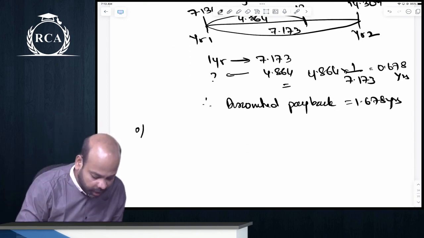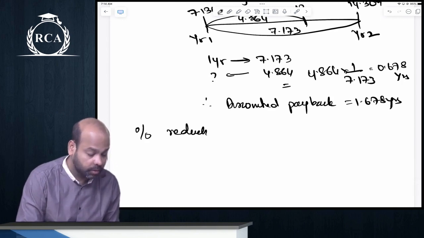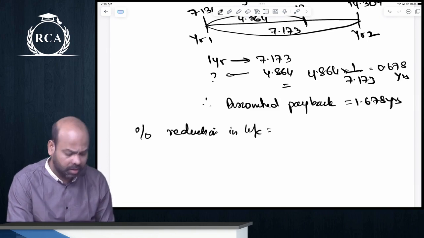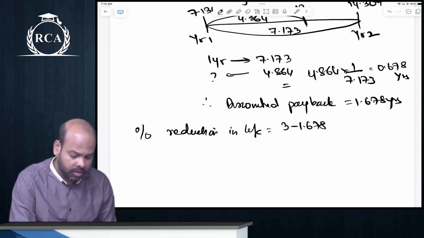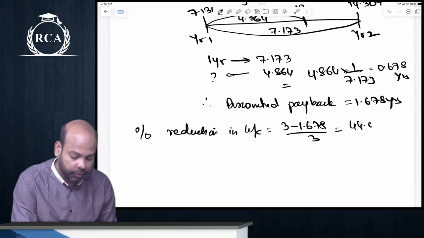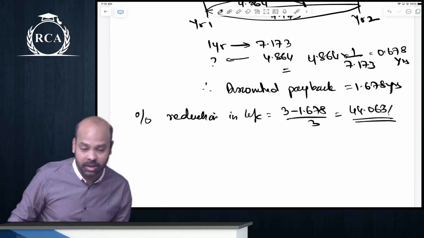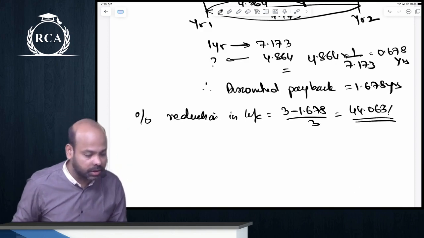What's the percentage reduction in life beta? कितना है percentage reduction? 44.063%. This will be the sensitivity of project's NPV beta to changes in life.